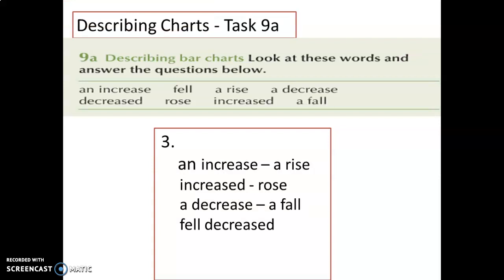These are the synonyms, as you can see. These are synonyms like this because these are both nouns and they go up, both verbs and they go up, both are nouns and they go down, and these are verbs and they go down. Okay. Yes, you will see these in descriptions of charts.